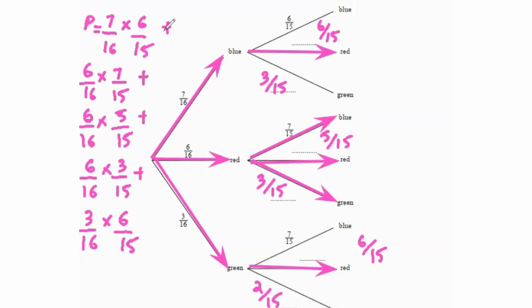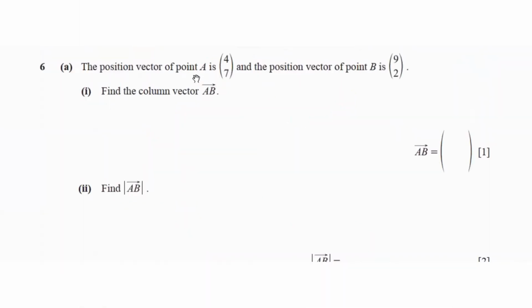So as you can see, these are 5 different combinations in which she can take at least 1 red counter in each attempt. So when you multiply and add these up, you should get 5/8.